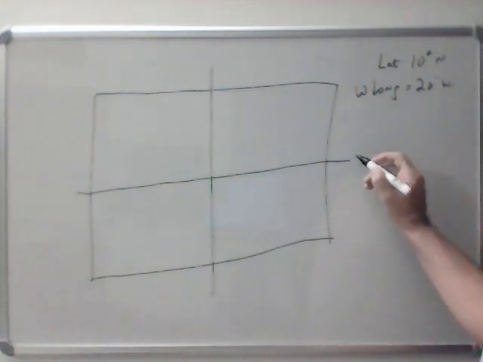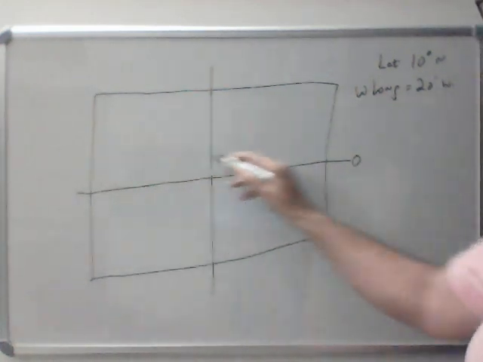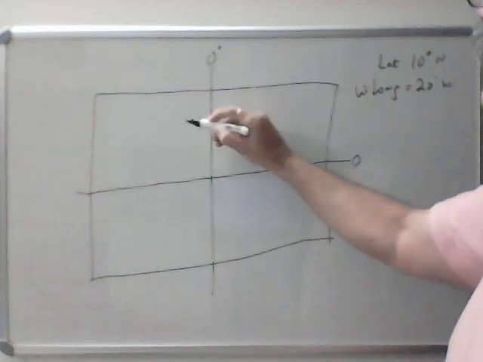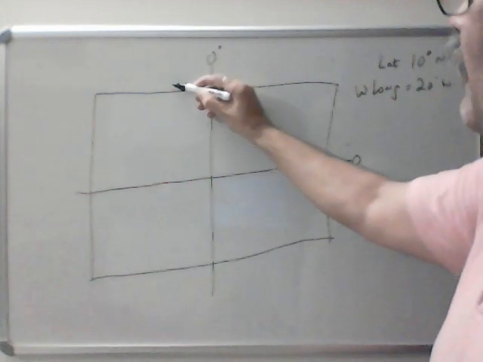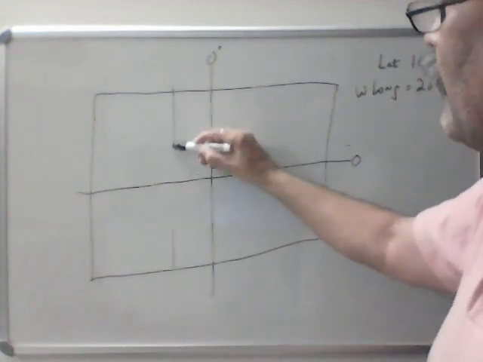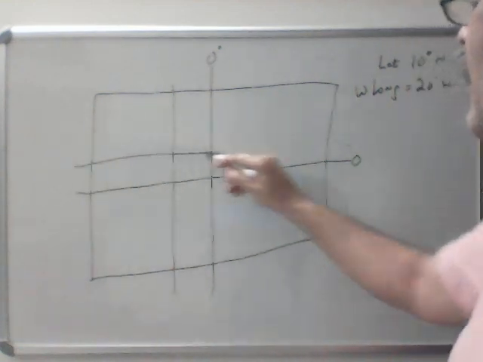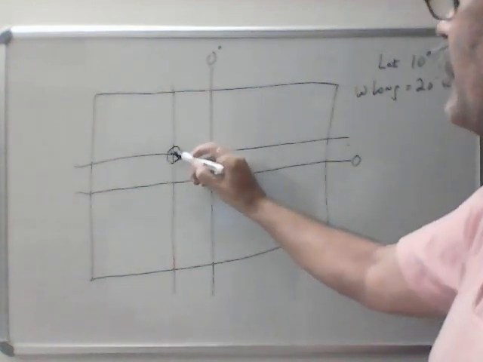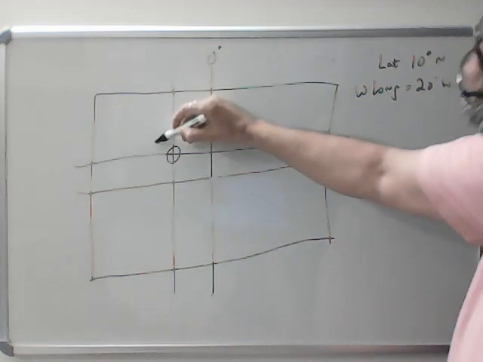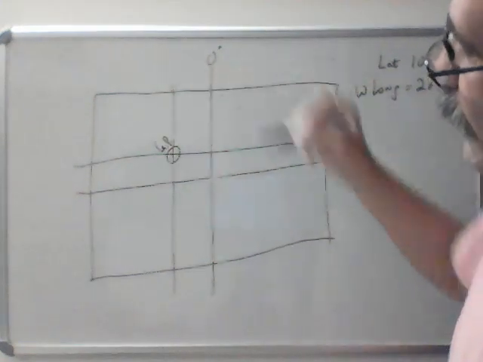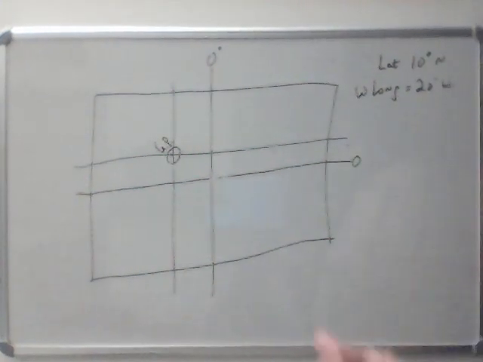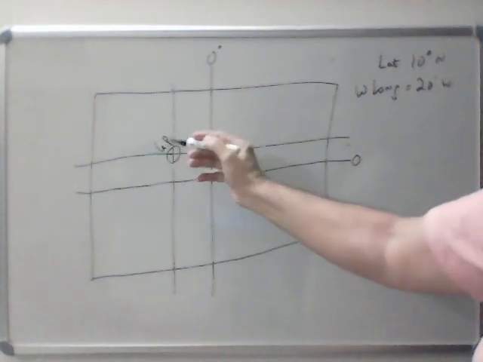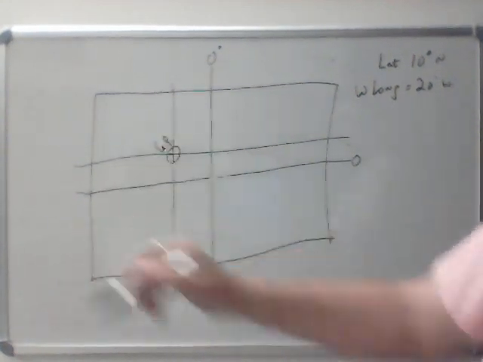So this is the equator, 0 degrees, 10 degrees would be here somewhere. This is 0 degrees longitude, 20 degrees would be here somewhere. So this is the position of the GP of the celestial body. And the sextant will give you the distance of the GP from the ship.